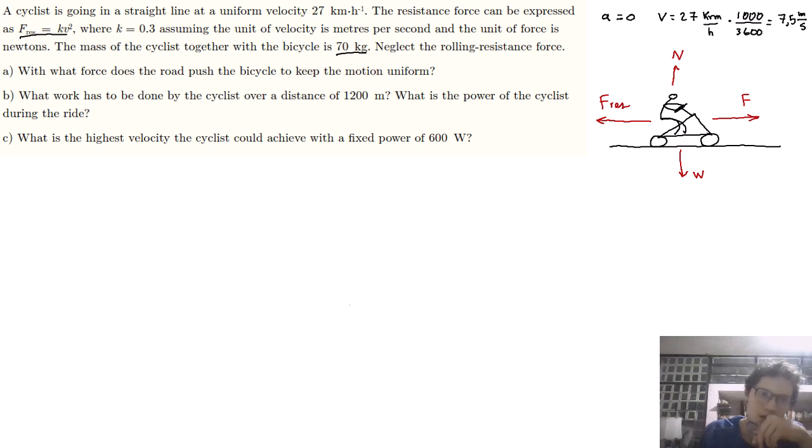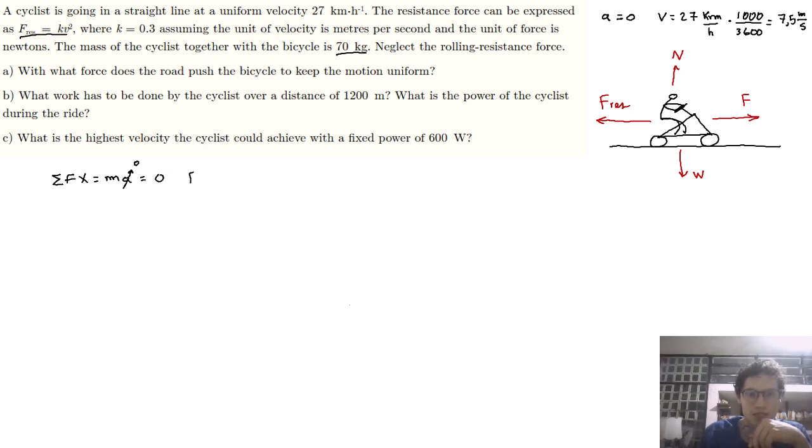Because if we sum all the forces in the x-axis, we will notice that there is no motion, so it's mass times acceleration, but the acceleration is zero. So the mass will not be relevant. This will be equal to zero.